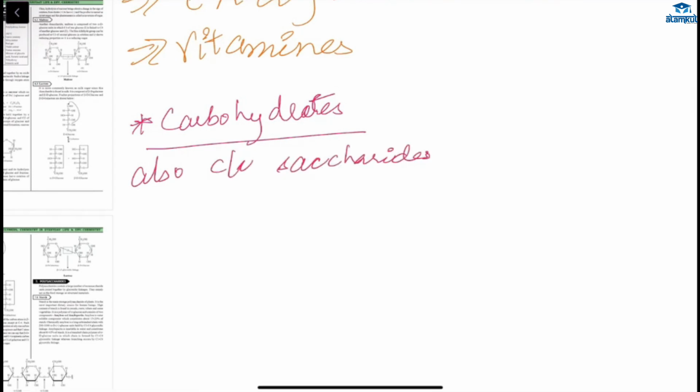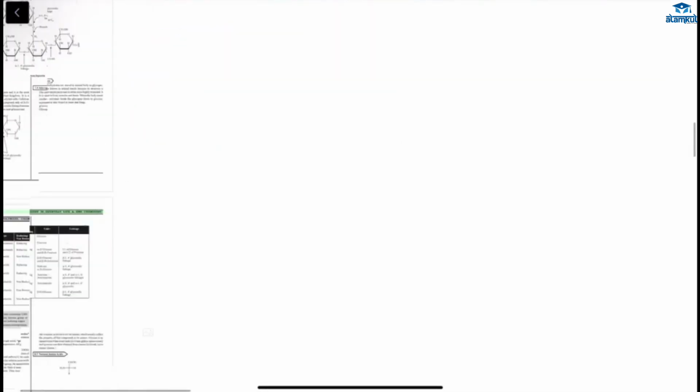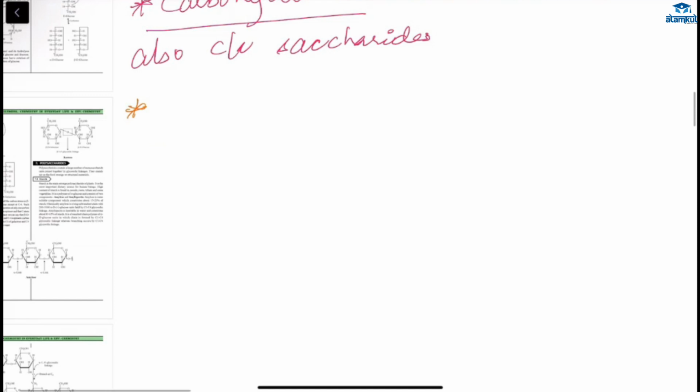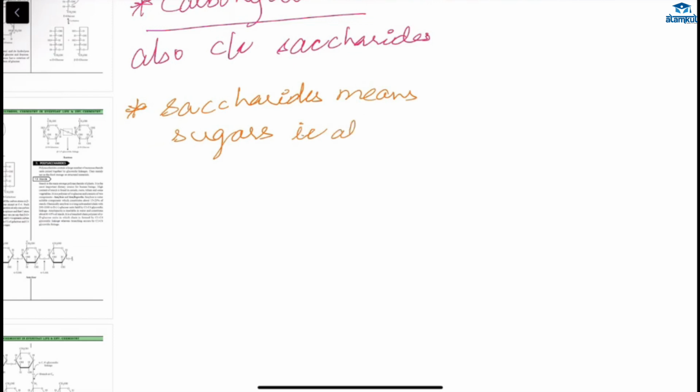Now, what are monosaccharides? A monosaccharide is a carbohydrate only; it will come in the classification. Saccharides are sugars, so carbohydrates are also called sugars, saccharides.